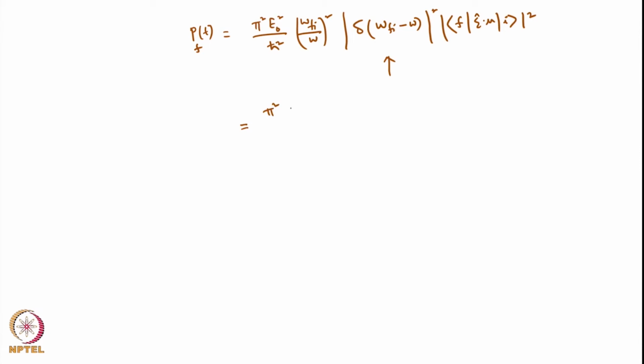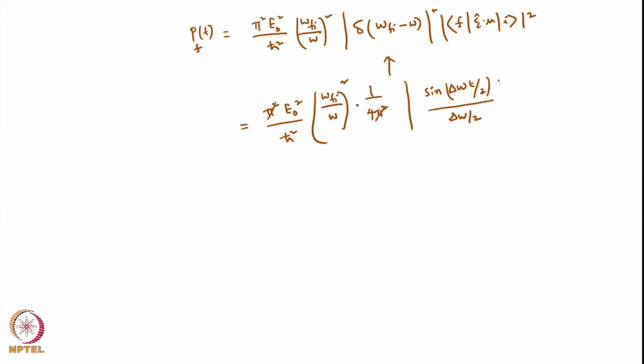So pi square E naught square by h bar square, omega Fi by omega whole square, into 1 over 4 pi square, because this pi square and this pi square will get cancelled, and this one will be sine of delta omega t by 2 divided by delta omega by 2, whole square, f epsilon mu I whole square, where delta omega is nothing but omega Fi minus omega.